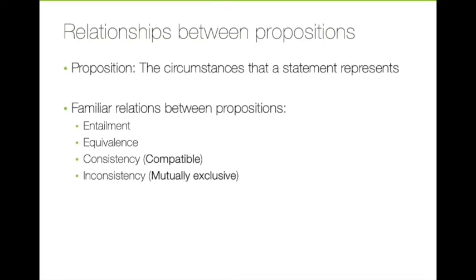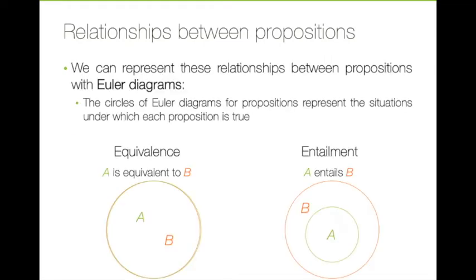Sentences are compatible when they can both be true together, and they're mutually exclusive when they cannot be true together. So we could use our original truth table method to represent all of these properties, but we're going to shift gears and look at an alternative way of representing them, and that's Euler diagrams.